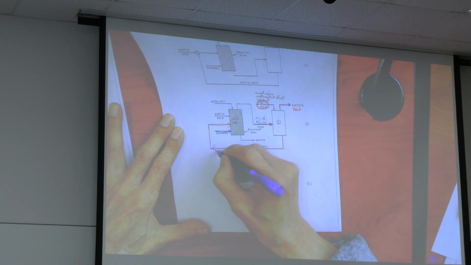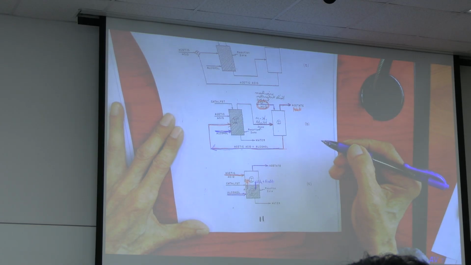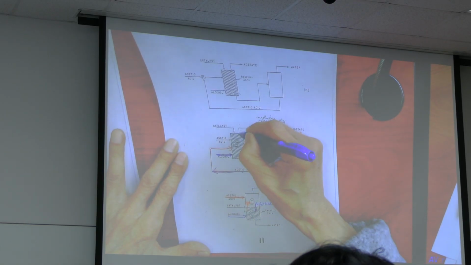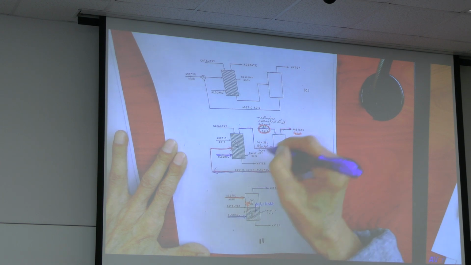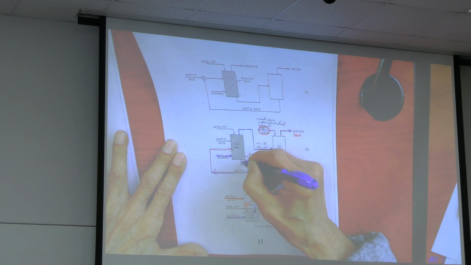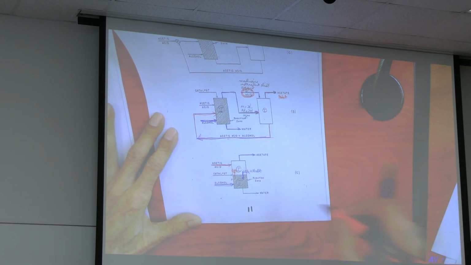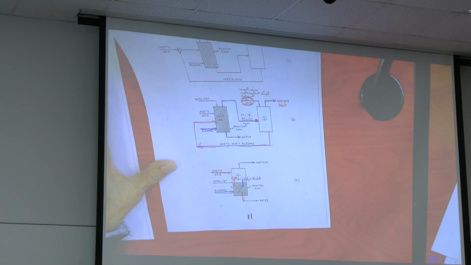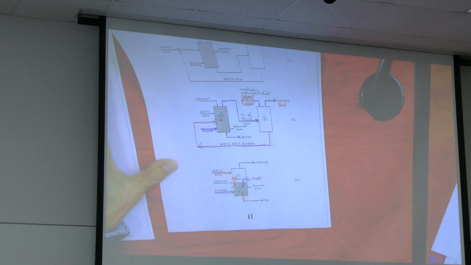You have one input, two input. Producing what? Azeotrope plus water. That's how you link the two together.